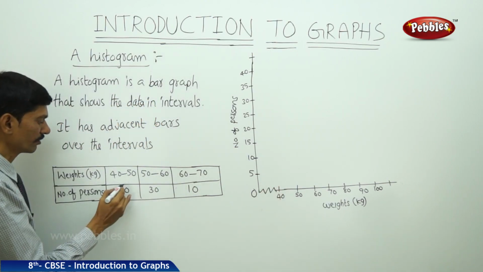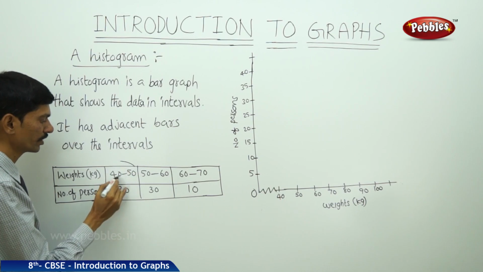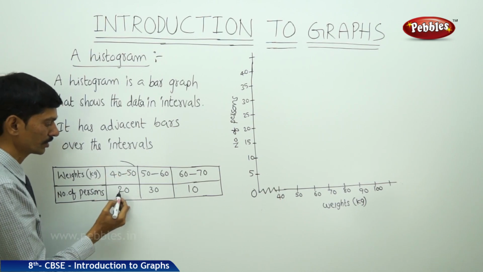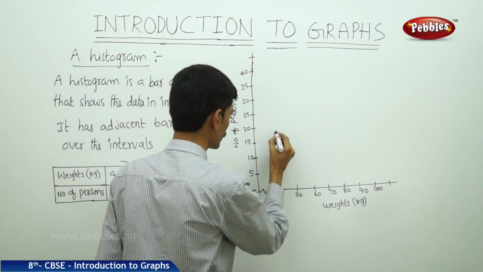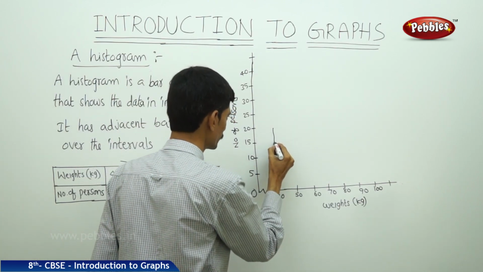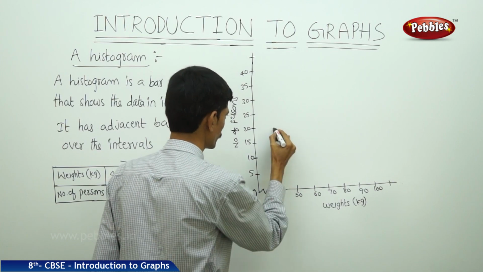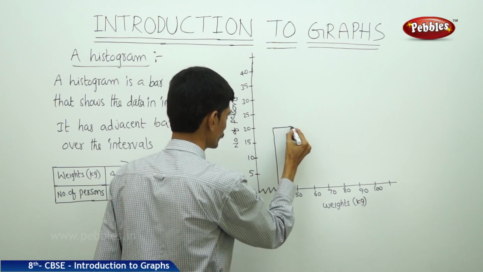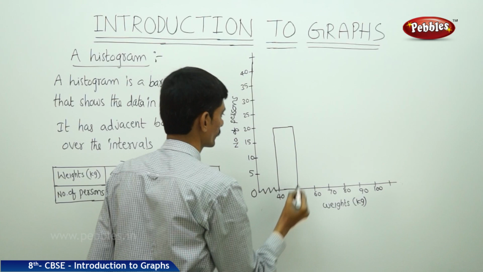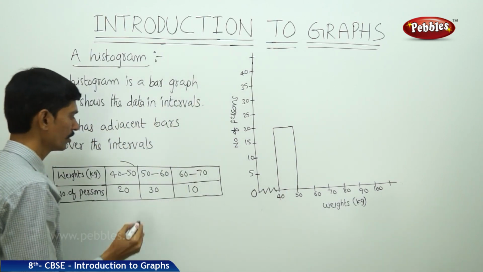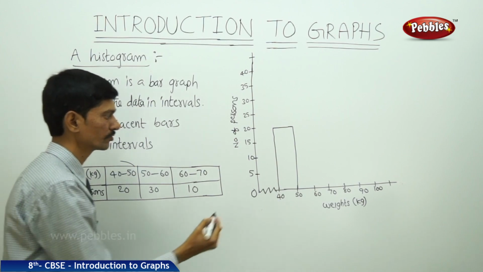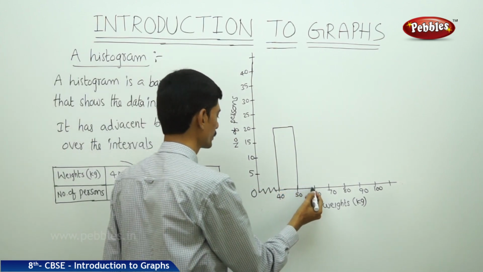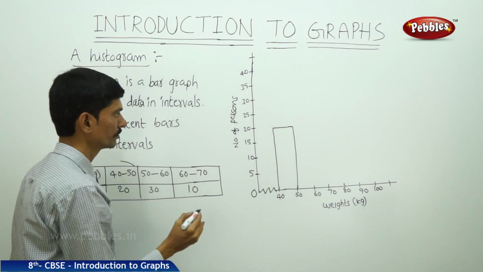What is the number of persons whose weight is 40 to 50 kilograms? There are 20 persons. So up to 20 you have to draw the rectangle. Next, how many persons are there whose weight is 50 to 60 kilograms? Immediately from 50 to 60 there are 30 persons.